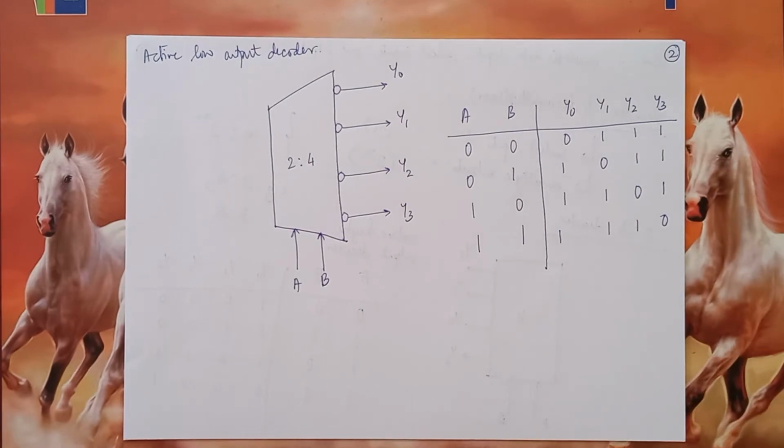So an active high output decoder can also be called a 1 out of n decoder, and an active low output decoder can be called 0 out of n, or 1 out of n being 0 decoder, where n, maybe capital N, indicates the number of data outputs. Anyway, those names are not very important. That is just a small piece of information.